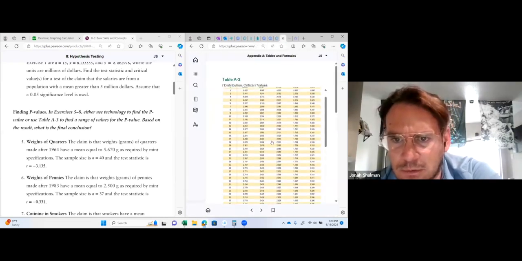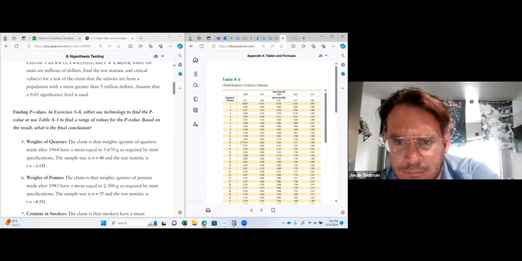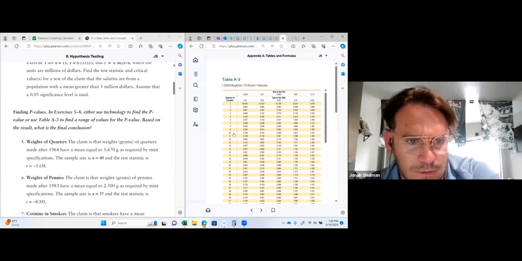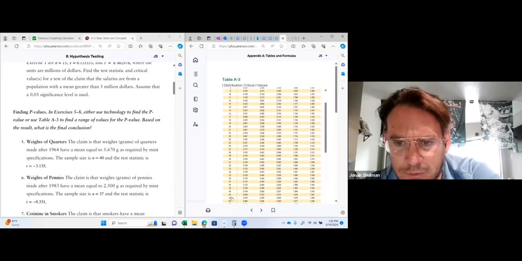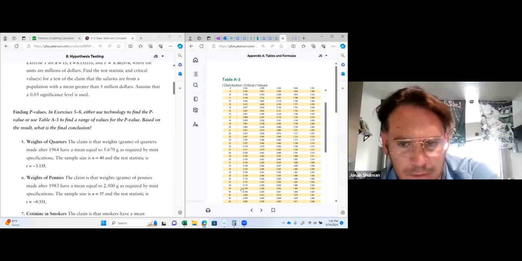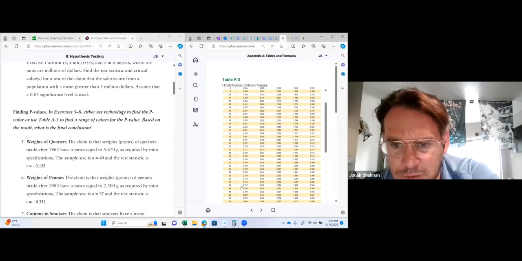Guess I got to use the table. So if we have a degrees of freedom of 39, and this says it's negative 3.35, this is bigger than all of these.